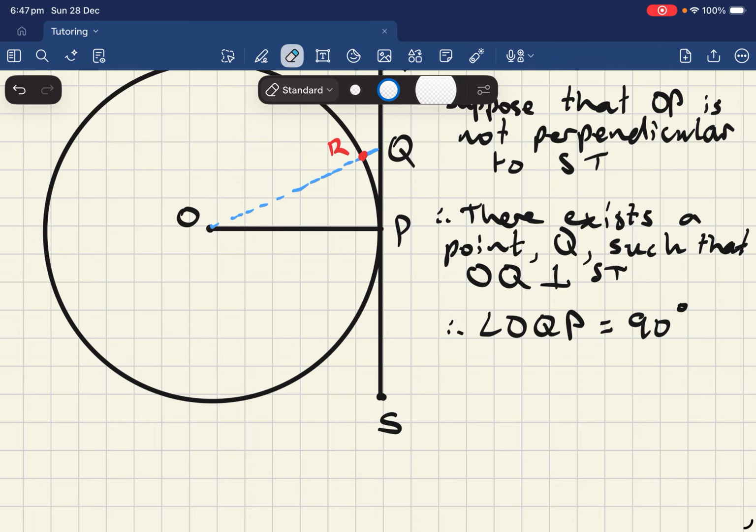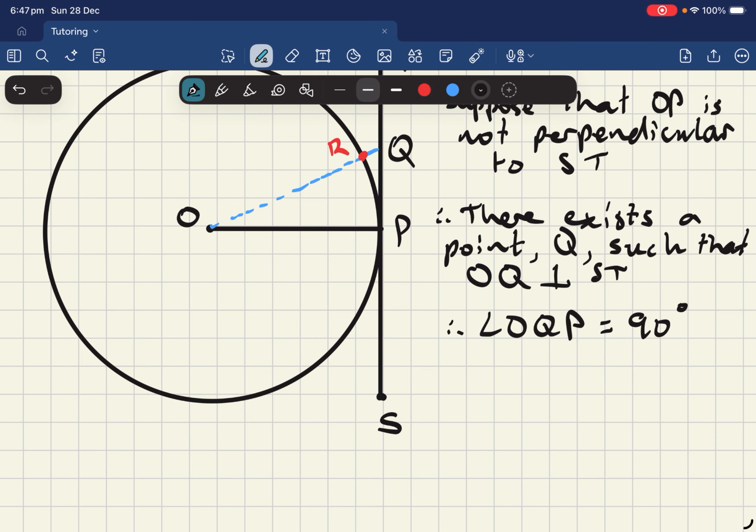So because OQP is 90 degrees by our statement, angle OPQ is less than angle OQP. If we're making this angle 90 degrees, this angle must be less than it.